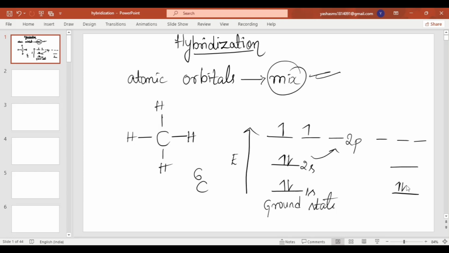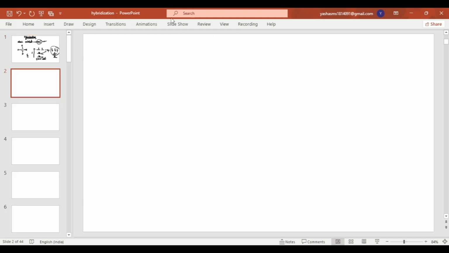Therefore, how will it look? It will look somewhat like this: 1, 1, 1. This is the s orbital, 2s, and this is the p orbital. These four orbitals, one s orbital and 3 p orbitals, will mix.